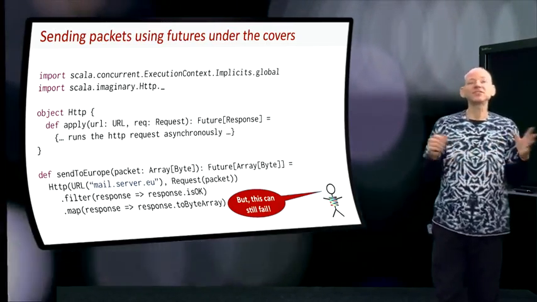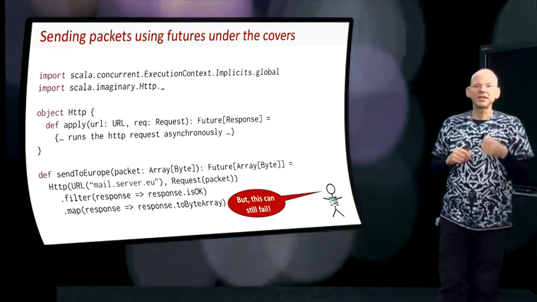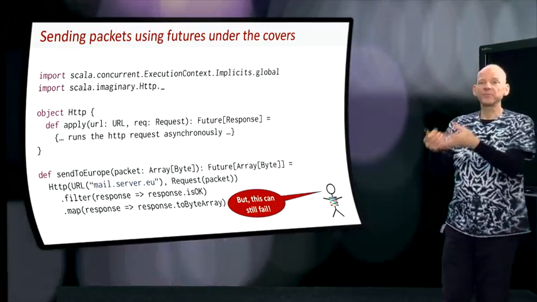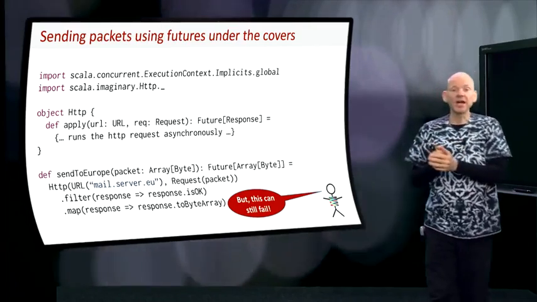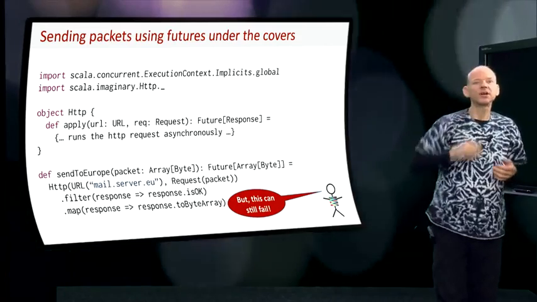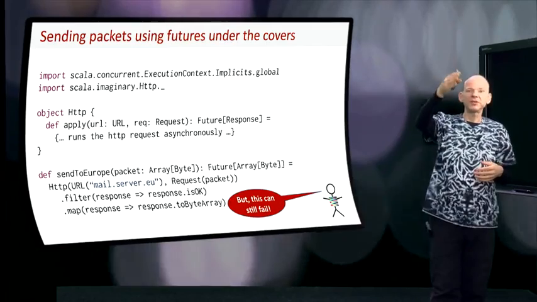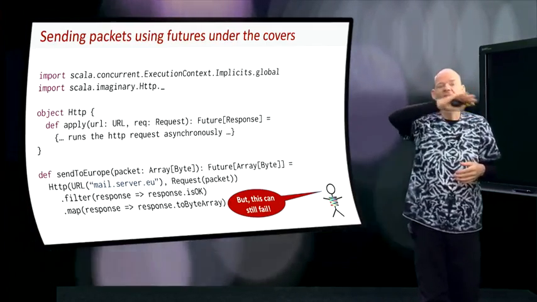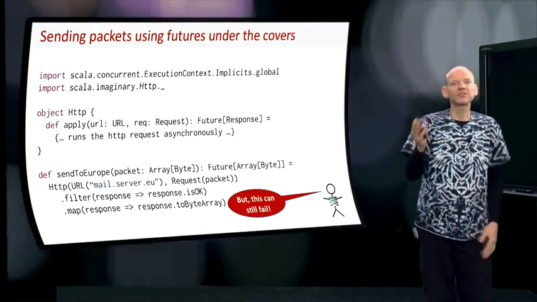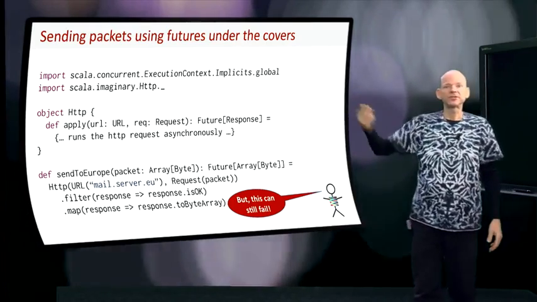Imagine that we have an imaginary HTTP library that has a constructor that, given a URL and a request, will return a response. Now, an HTTP library is probably going to make a call across a network, so the result of calling apply on HTTP will be a future of a response. And it runs an HTTP request asynchronously. We don't care. As long as given a URL and a request, we now get a future of a response.